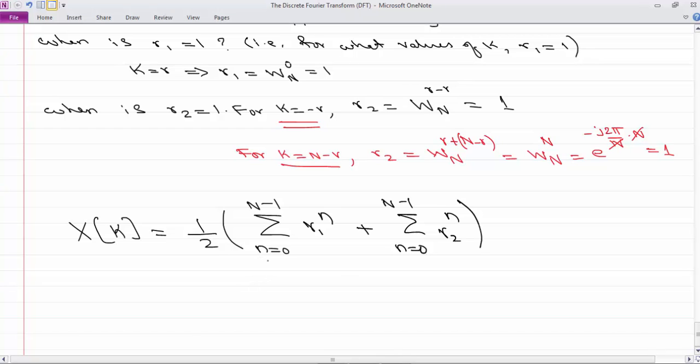And we are now trying to compute these two sums individually. So let's look at the sum over n from 0 to N minus 1 of R1 to the n.